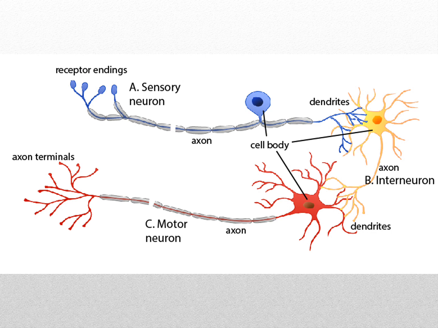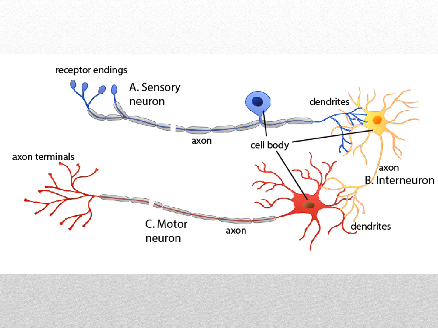It's going to be in the central nervous system. It could be found in the spinal cord. It's synapsing on the sensory neuron right there, so it's going to be processing the information from the sensory neuron. Taking that information, what do we do with it? Then it's going to move on, synapsing on the dendrites of the motor neuron.